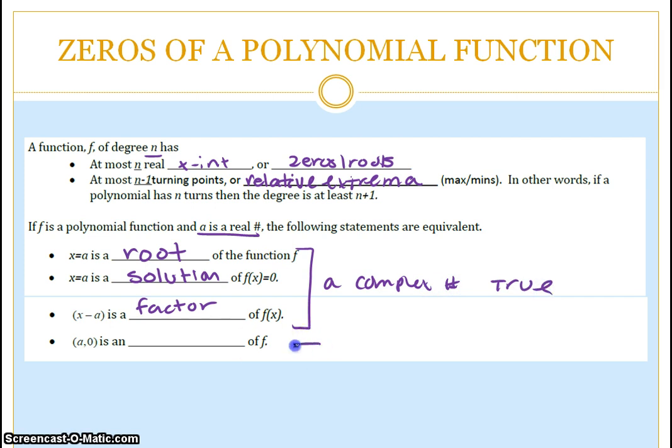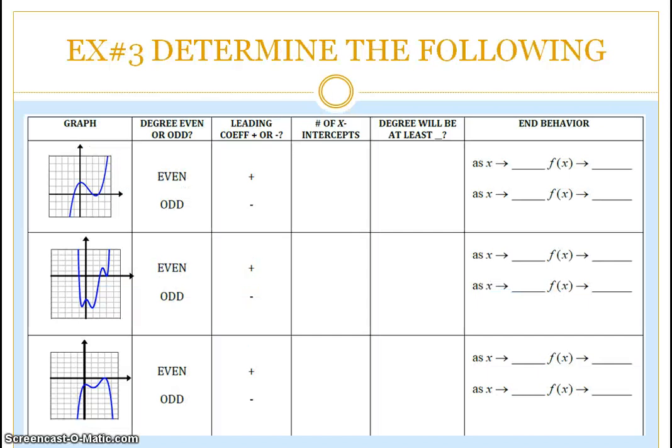Okay, the last one, x-intercept: (a, 0) is the x-intercept. This is only true if a is a real number, because if you solved an equation and you get a complex number, something with an i in it, it's not an x-intercept, but it is a solution or a root.